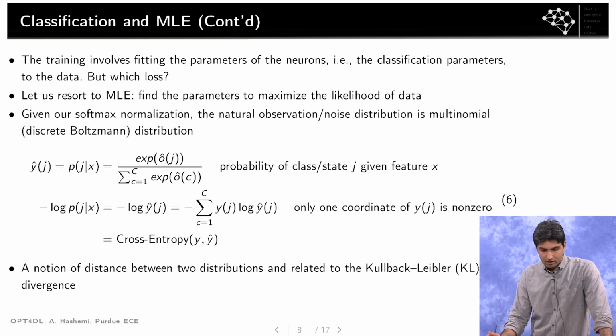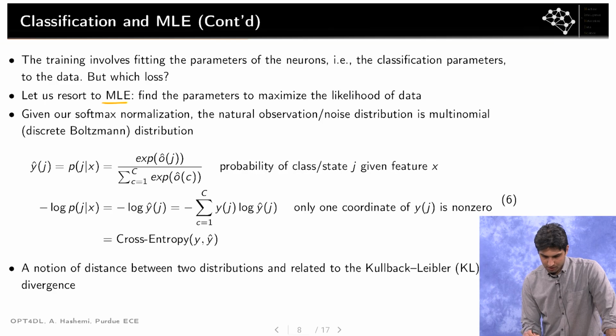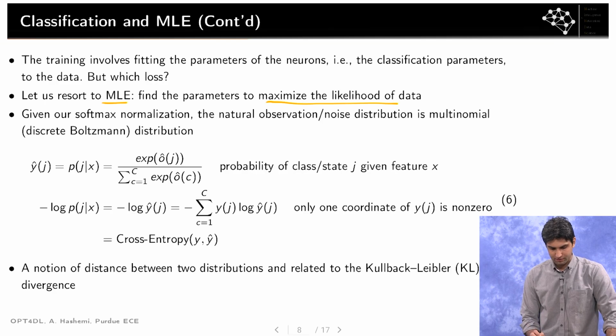Now that doesn't come out of the blue. We're going to see that we can actually derive that cross entropy is a very natural loss to use for classification problems by following the principle of maximum likelihood estimation. So we're going to resort to MLE, and we want to find the parameters that maximize the likelihood of data.